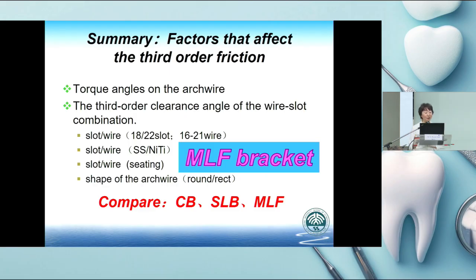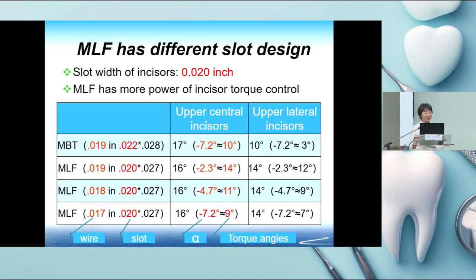Do you know the MLF brackets are very special in this aspect? Did Dr. Su Hong introduce it last time? Most of the brackets we use have only one slot size.